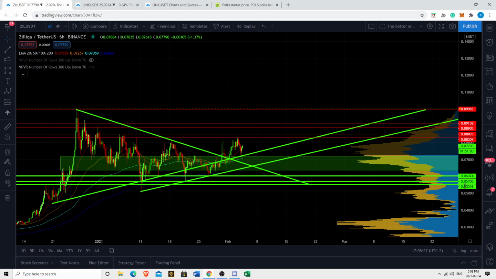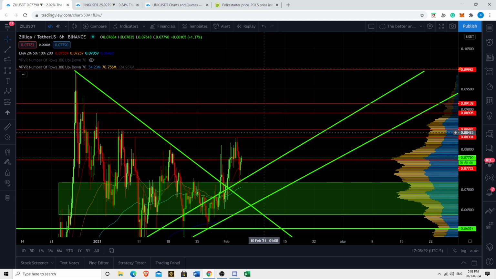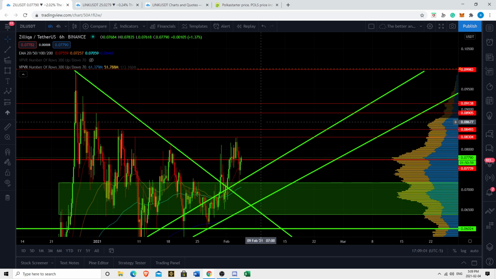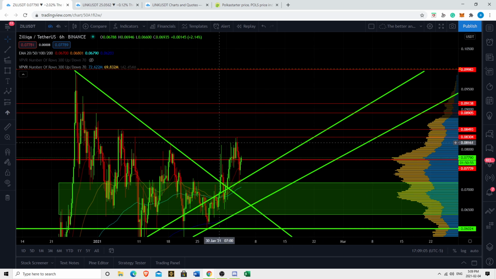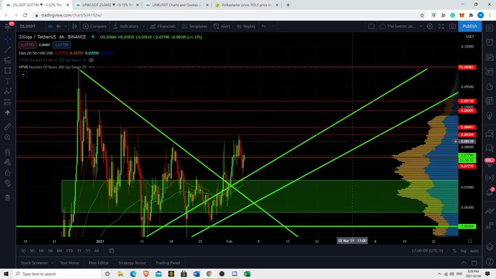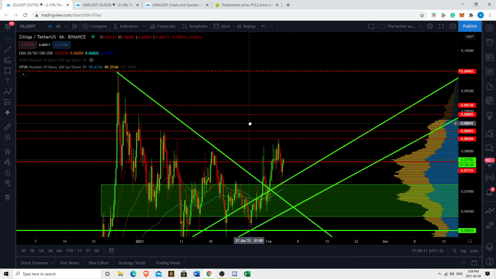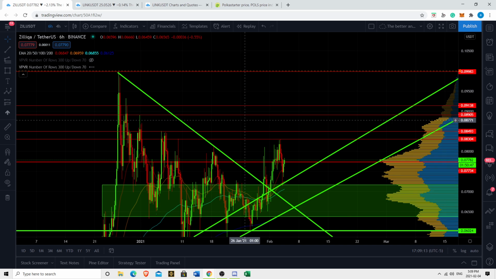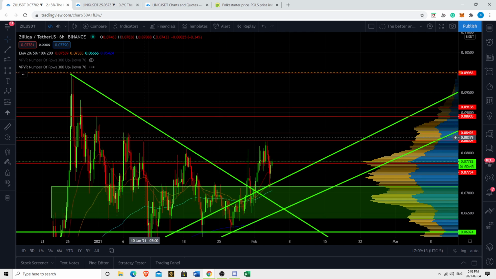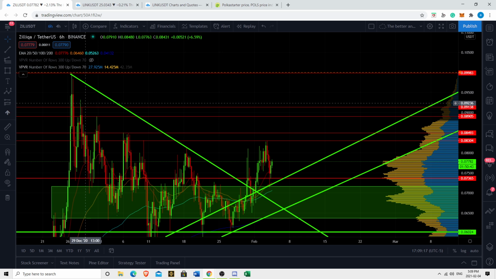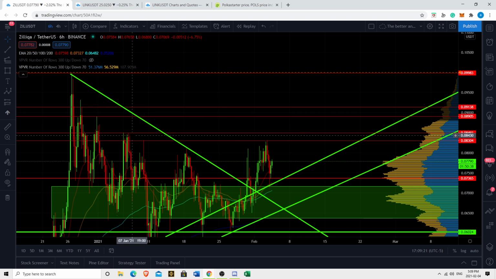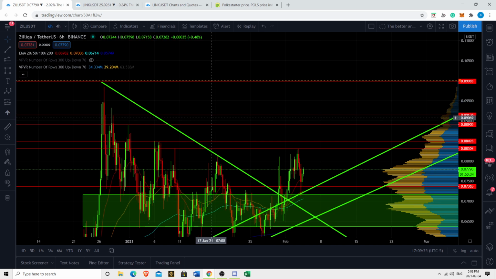So let's see if we can find a key. Ultimately, just to summarize and wrap up, because there are so many tangents we can go off on here, the important thing people need to understand is these previous peaks here. As soon as you see Zilliqa tackle these previous peaks, that's telling you it's likely to see a continuation.